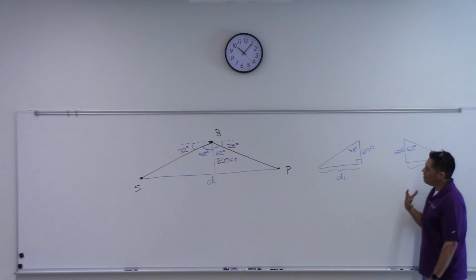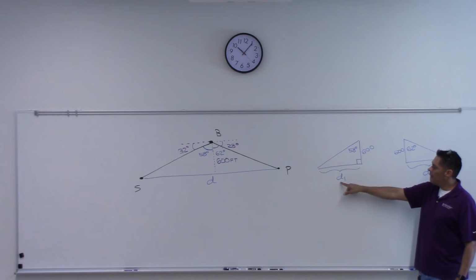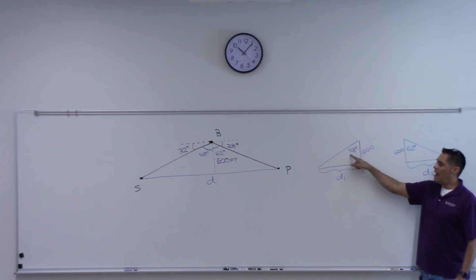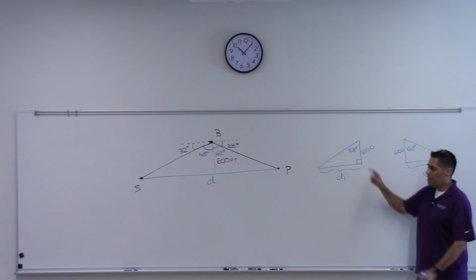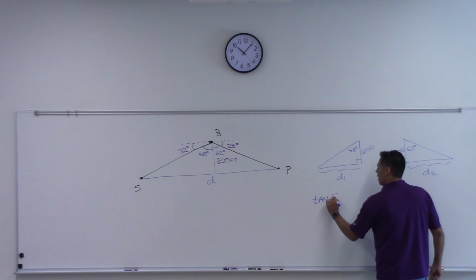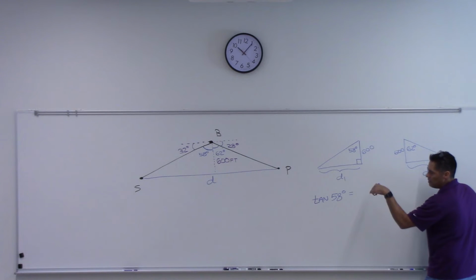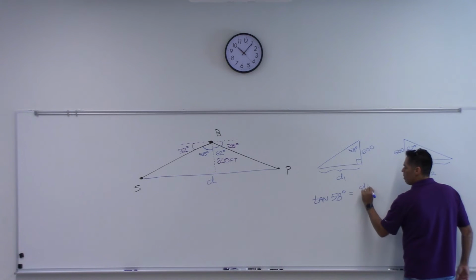So I'm going to think of a trig function that connects the opposite, adjacent, and that angle together. What trig function does that? Tangent, right? So I can write tangent of 58 degrees must equal opposite D1 over 600.